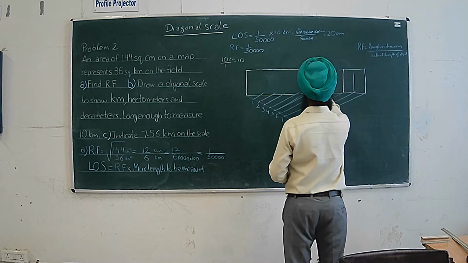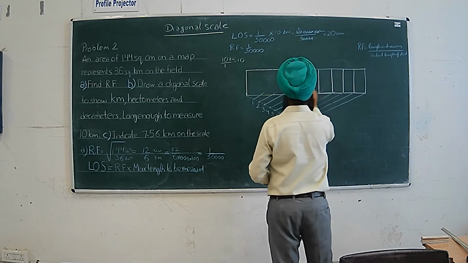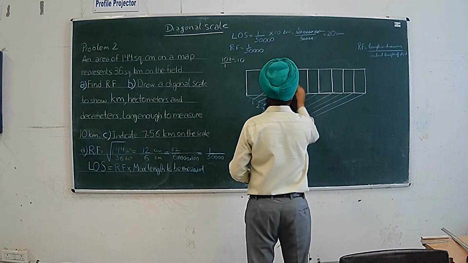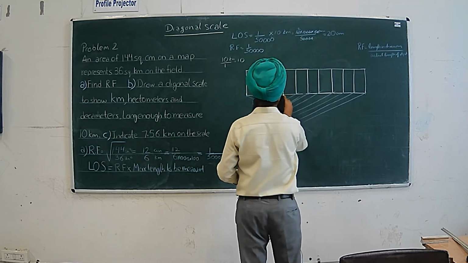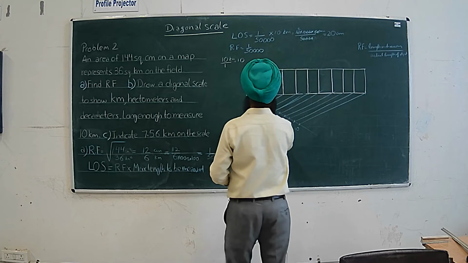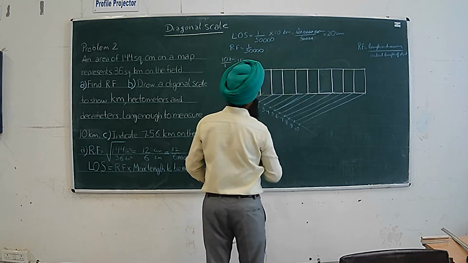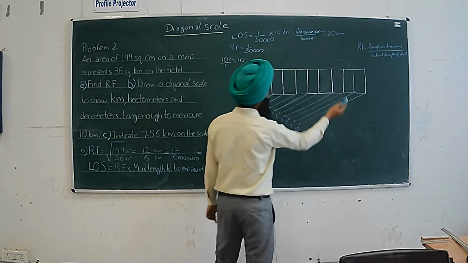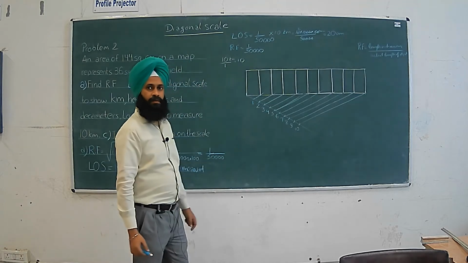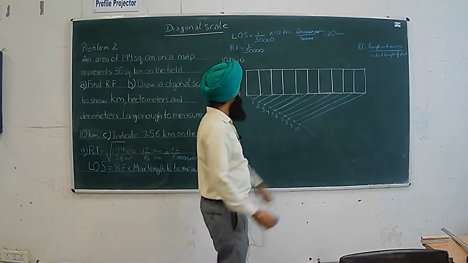Mark the 10 divisions of the line. So when these lines are parallel, these divisions are equal.